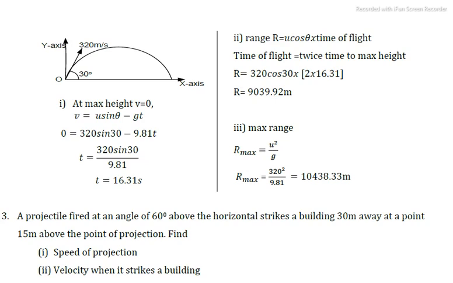Let us go to example 3, whereby we are given a projectile being fired at an angle of 60 degrees above the horizontal and strikes a building 30 meters away, which is 15 meters above the point of projection. We are supposed to find the speed of projection and the velocity when it strikes the building.